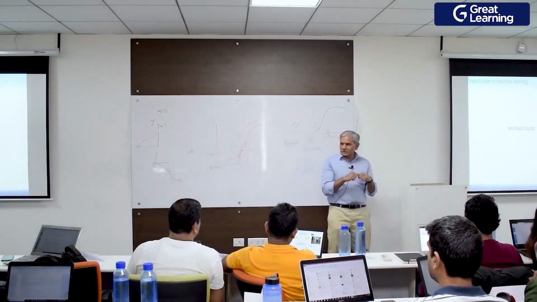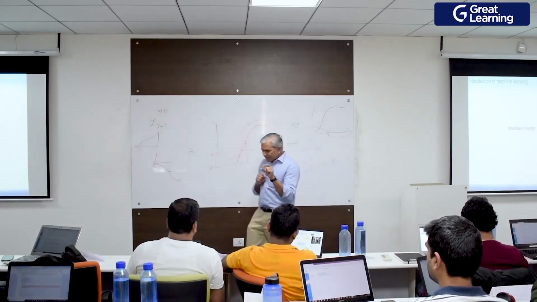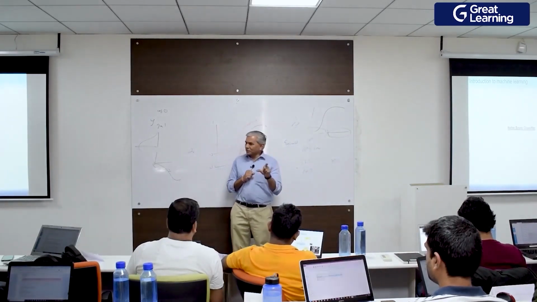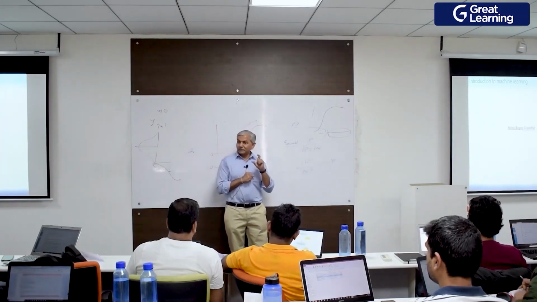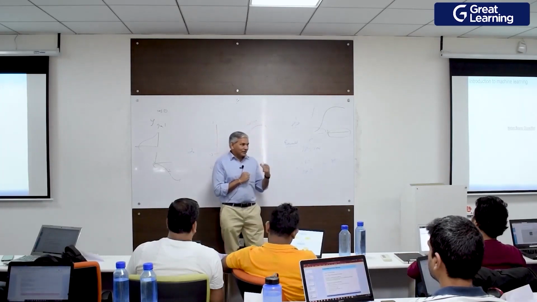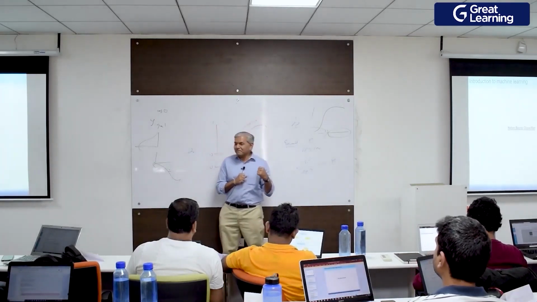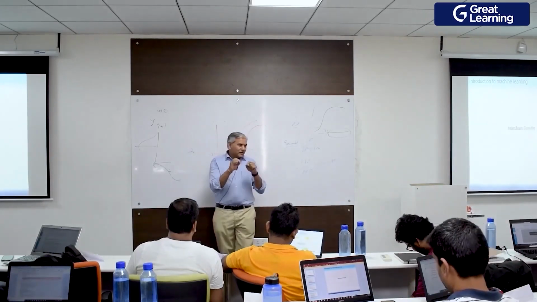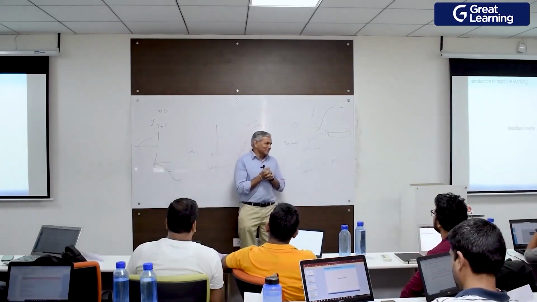But before I come to today's topic, we also discussed yesterday that in linear regression, the algorithm finds out for you a needle in the haystack, the best fit line from infinite number of lines using the gradient descent concept. So the objective is to find the right M and C which will minimize the sum of squared errors.